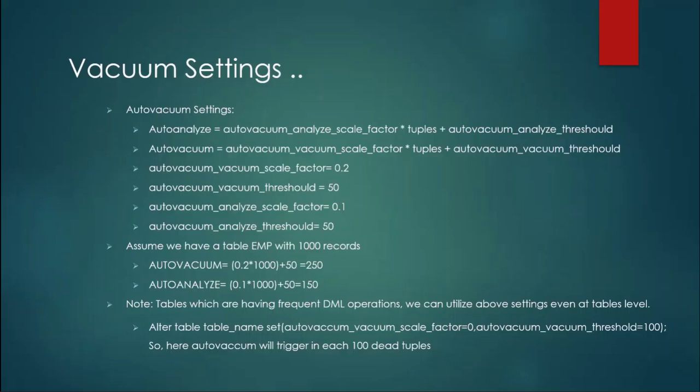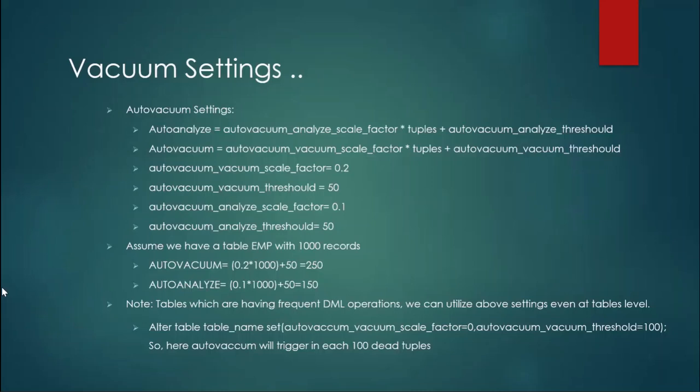And this is the formula. What is auto analyze? Auto analyze is nothing but gathering the statistics of your PostgreSQL cluster. Here, the auto analyze scale factor times the number of tuples in our PostgreSQL table, plus the auto analyze threshold value. Auto analyze scale factor is 0.1 by default, and the auto analyze threshold is 50.